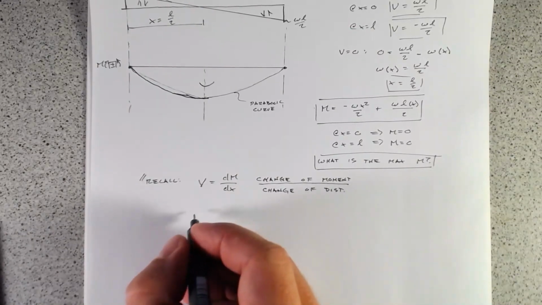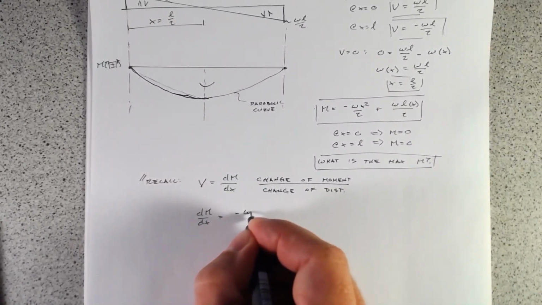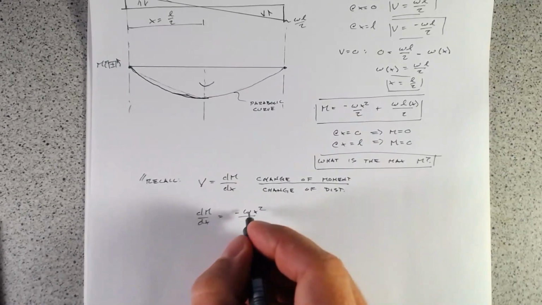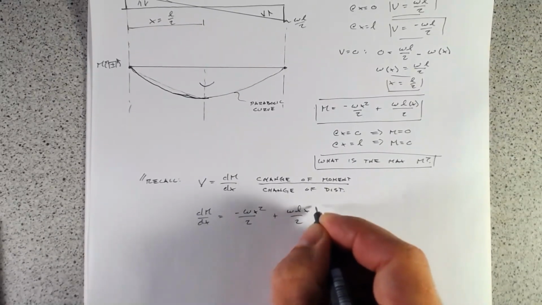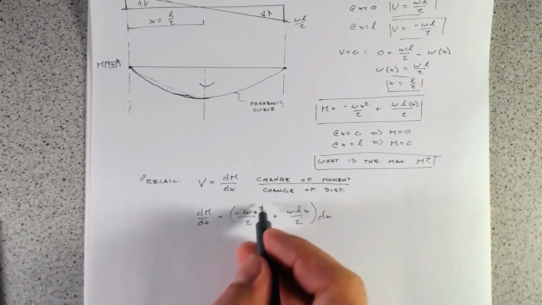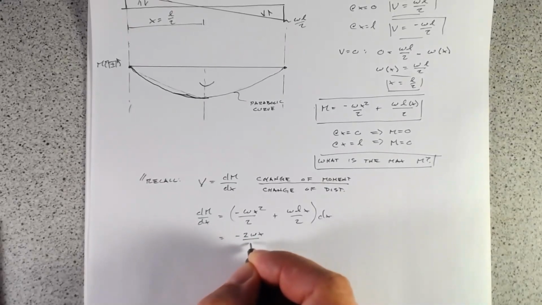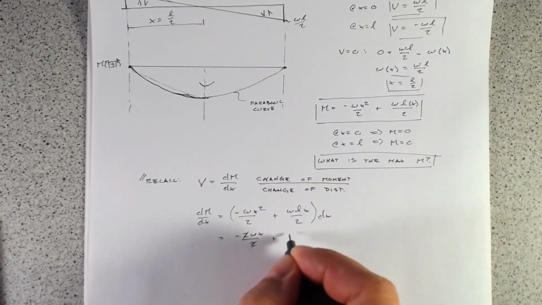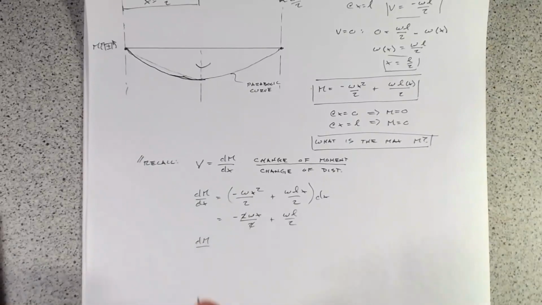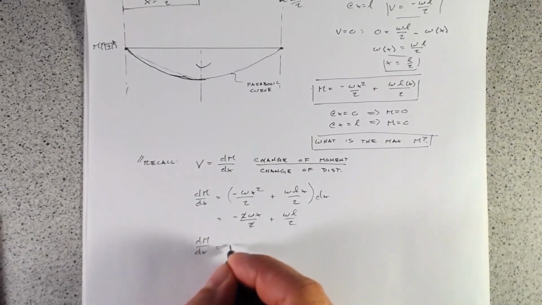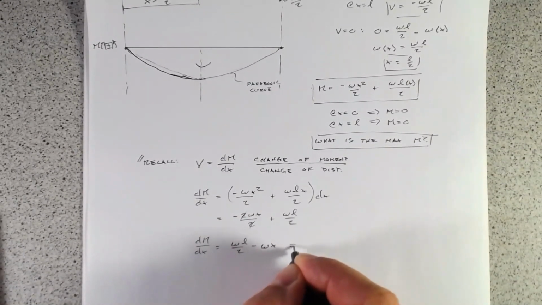And so, we can prove this to ourselves, where if we just take dM/dx equal to minus wx squared over 2 plus wLx over 2, take that derivative, what we'll find is we get equals minus 2wx over 2, those two cancel out, plus wL over 2, and then we get dM over dx equals wL over 2 minus wx, which equals V.